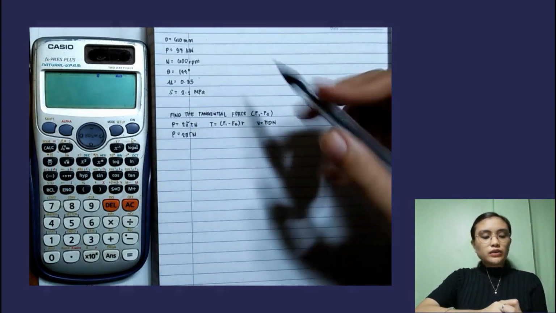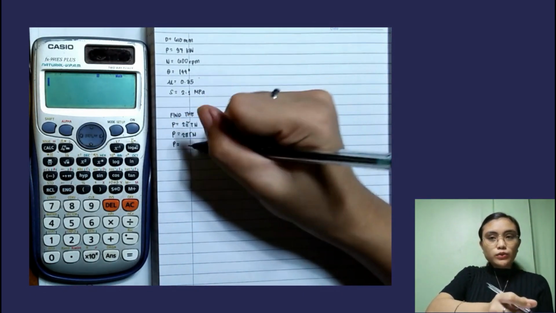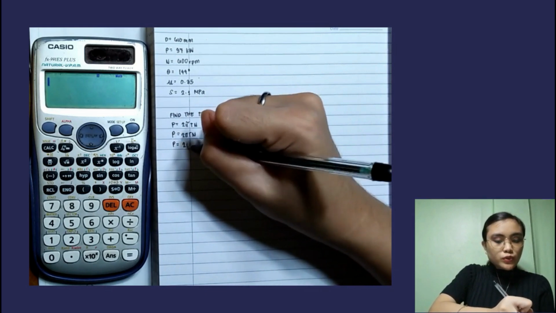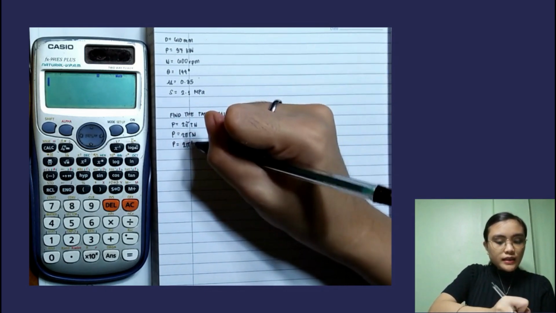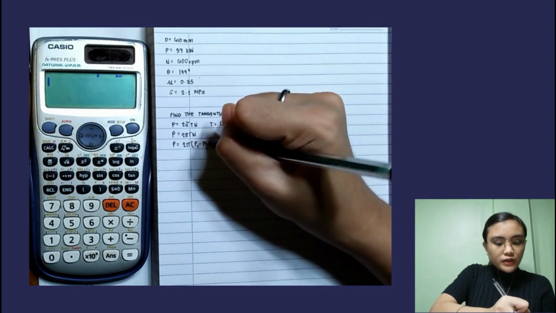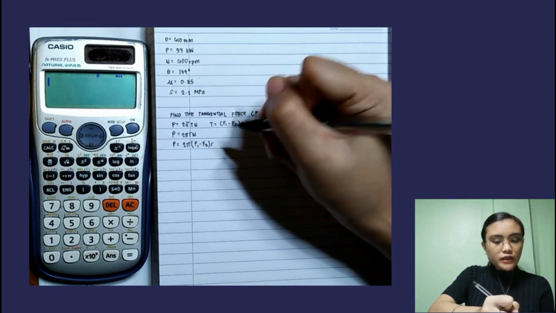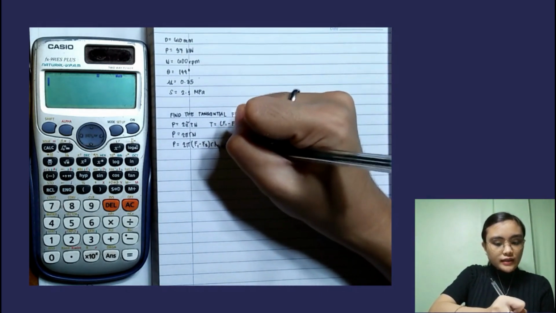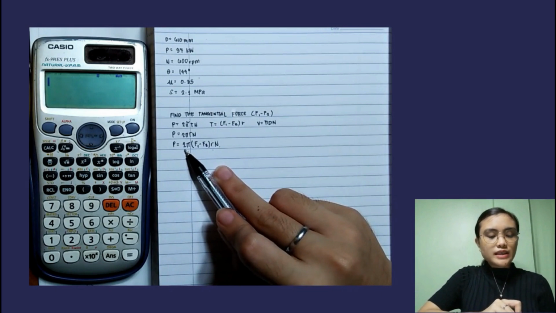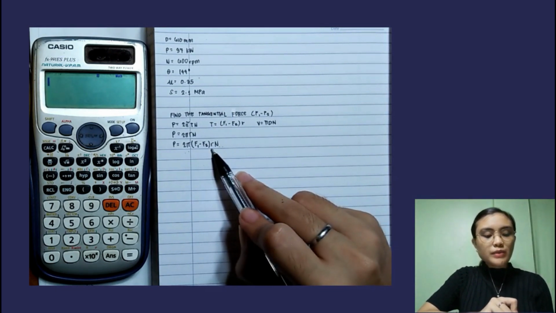So P is equal to 2 pi times F1 minus F2 times R and N. If you notice, we have 2 pi R and N. So 2 times R is just the diameter.